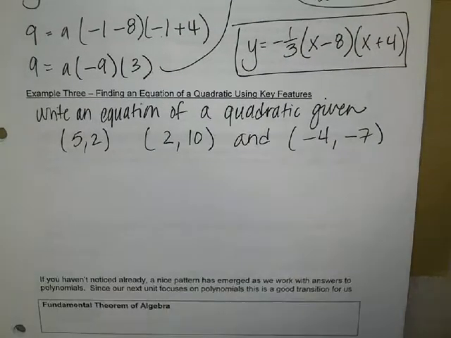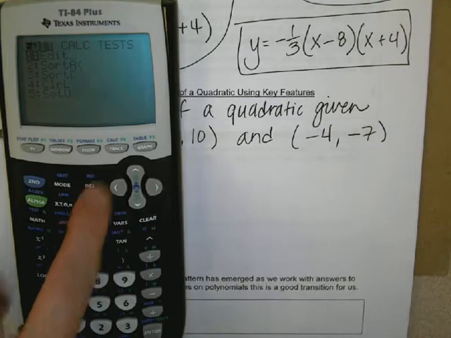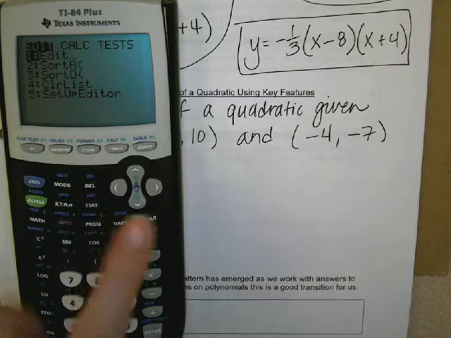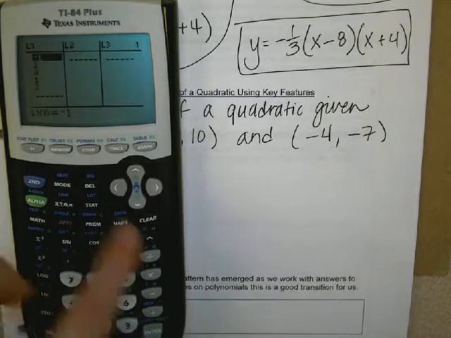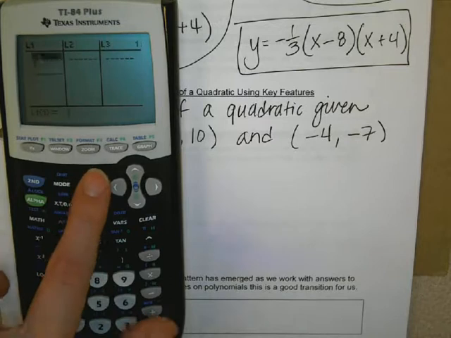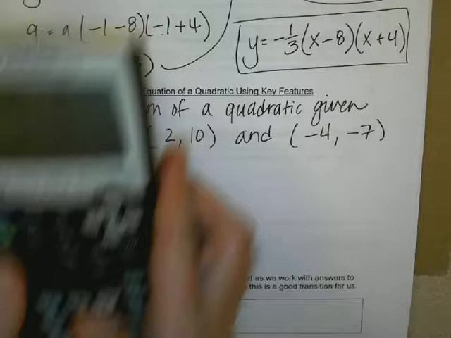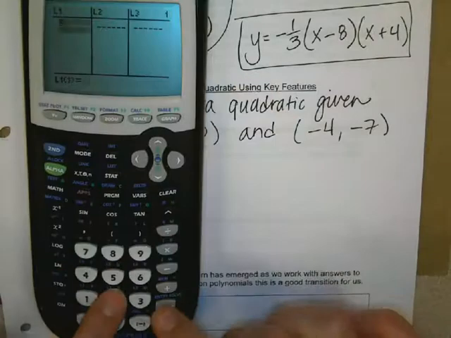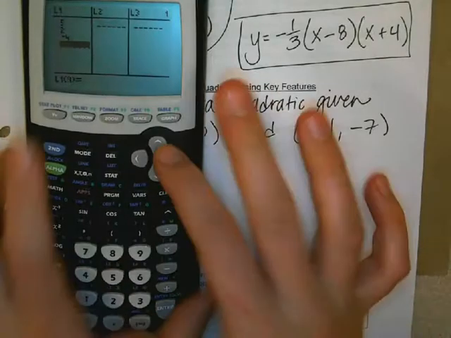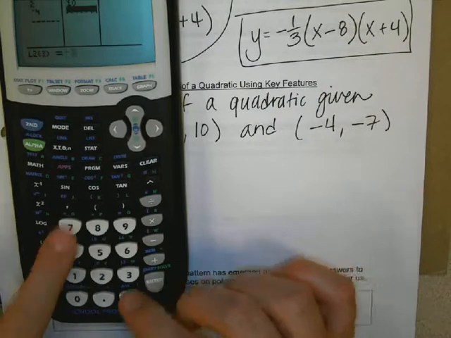So then we're going to go to a previous skill that we've learned, which was the regression stuff. We're going to use the regression capabilities of our calculator to input these 3 points and come up with a quadratic. So we have the x values 5, 2, and -4. And they pair up with the y values of 2, 10, and -7.